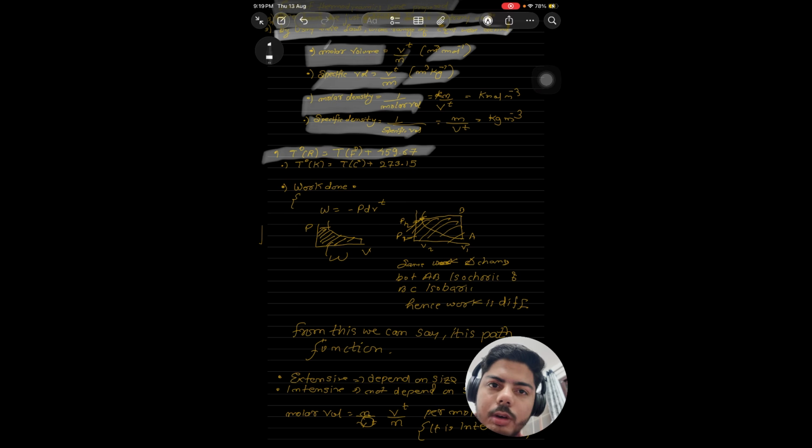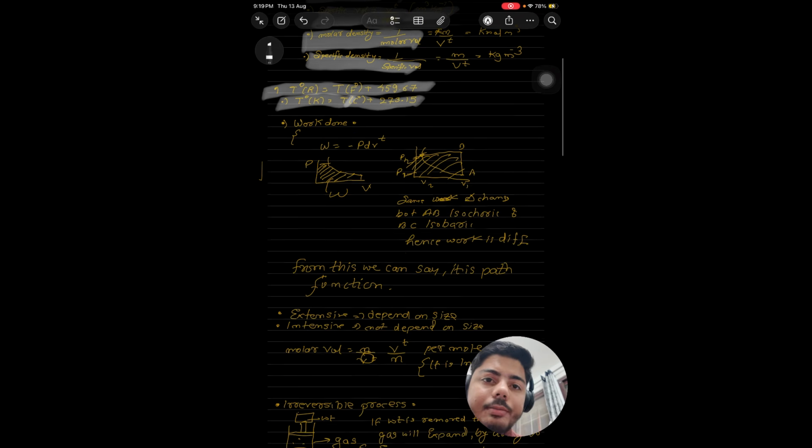With the help of it, you will be able to calculate different temperatures. Similarly, if you have temperature in Celsius and you need to calculate the temperature in Kelvin, you can use this kind of unit conversion.